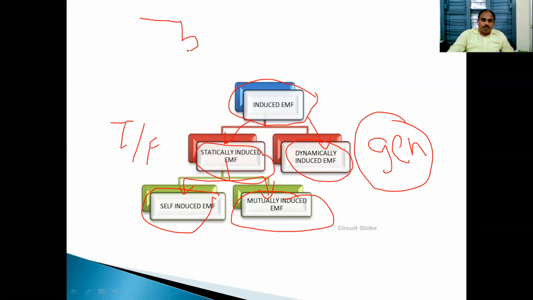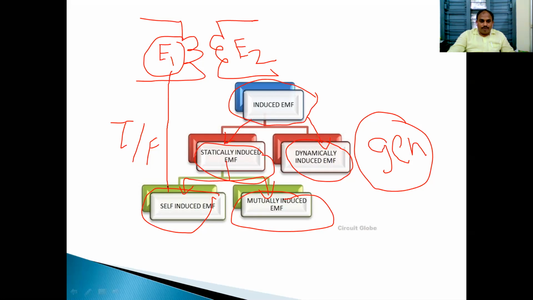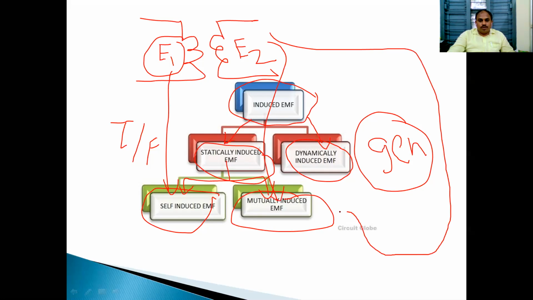In a single phase transformer we have two coils. Here the EMF induced, E1, is called self-induced EMF. Here the EMF induced, E2, is called mutually induced EMF.